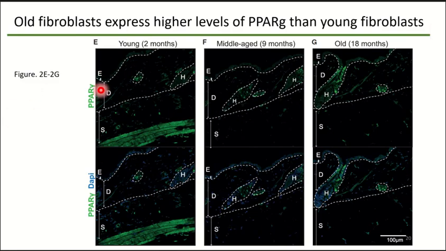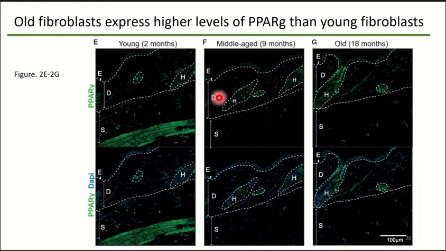Therefore, through the immunohistochemical detection of skin sections of young and old mice, we found that the expression level of PPAR gamma in most old fibroblasts was higher than that in middle-aged fibroblasts.